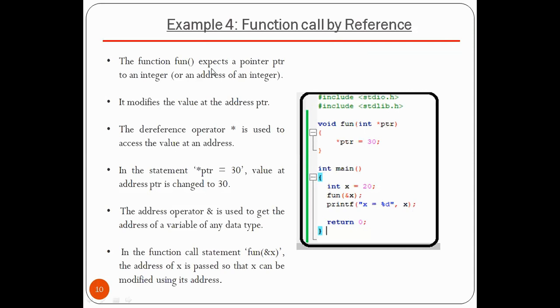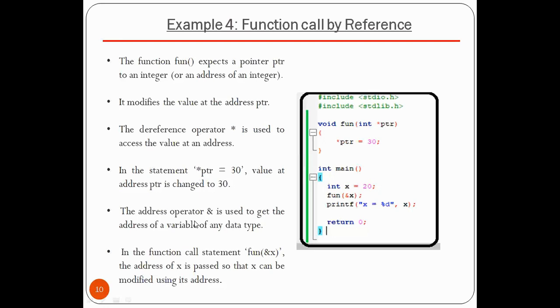So the function fun expects a pointer ptr to an integer, or an address of an integer. It modifies the value at the address ptr. The dereference operator is used to access the value at an address. In the statement *ptr = 30, the value at address ptr is changed to 30.